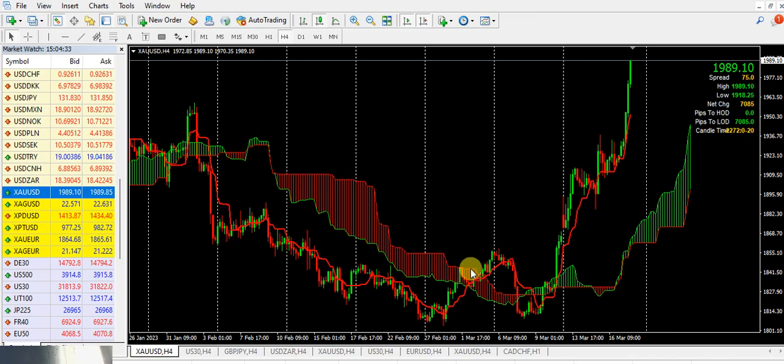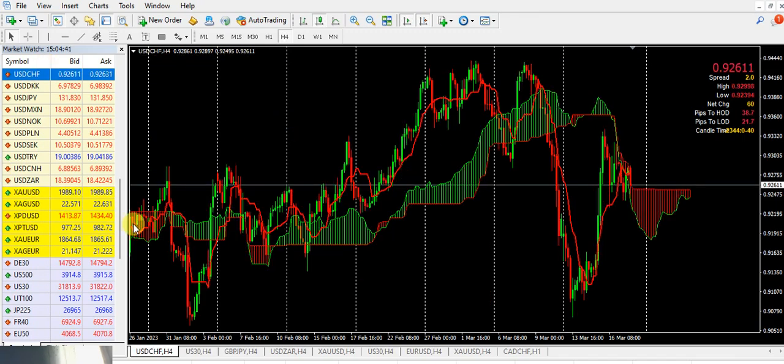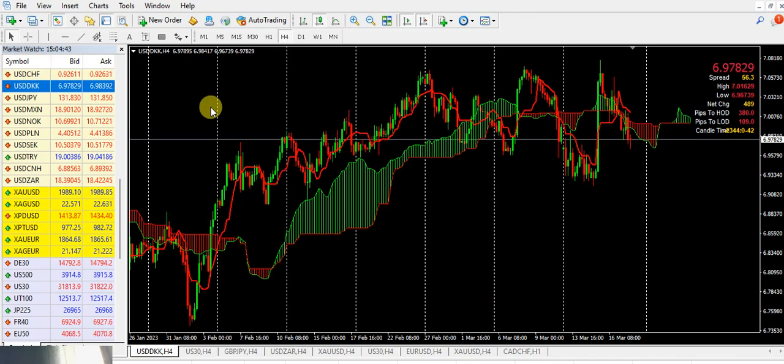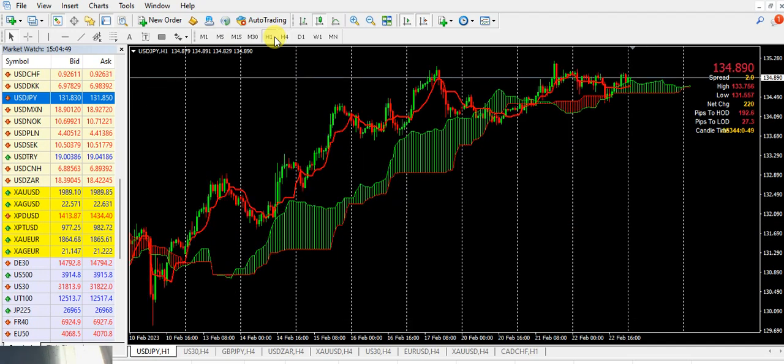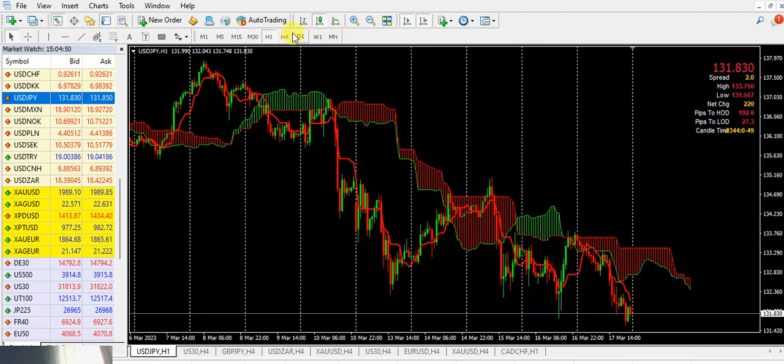You have the Tenkan doing this great job for you, and you can combine that with all the other elements to see market behavior properly. You can see the behavior of the Tenkan on all charts, all time frames. It's clear what the Tenkan is telling us to do as traders and investors.